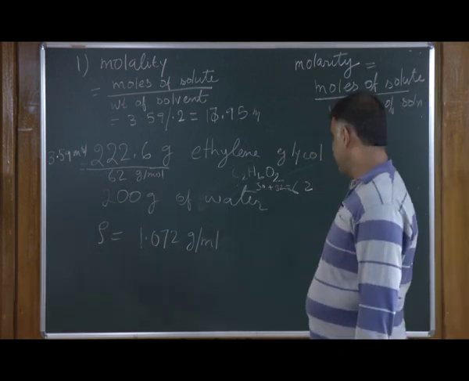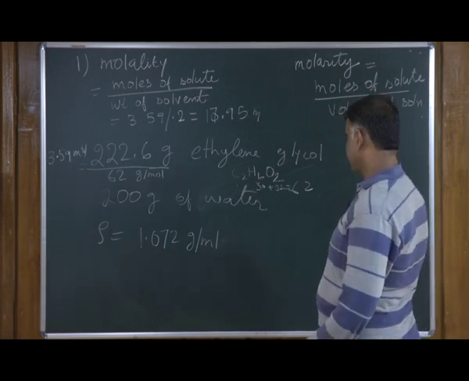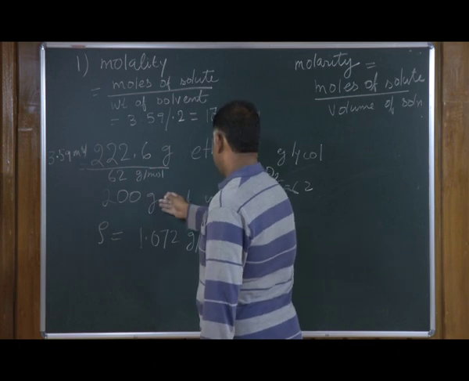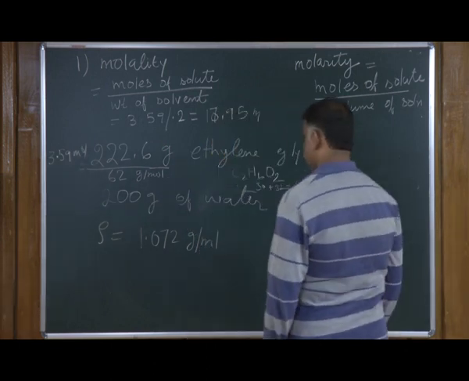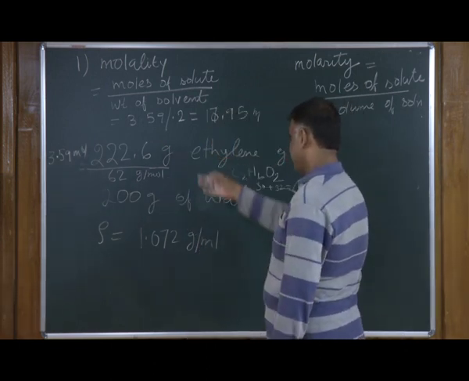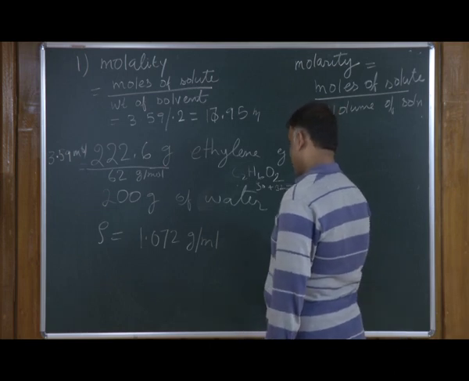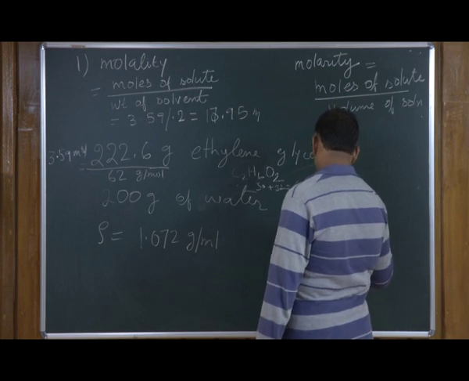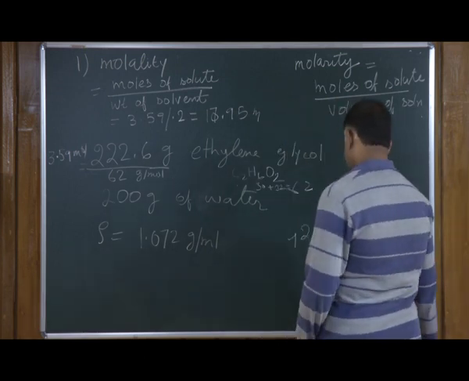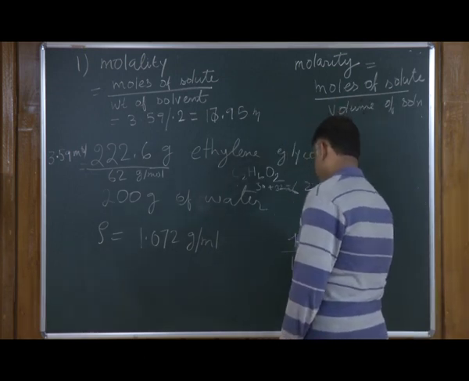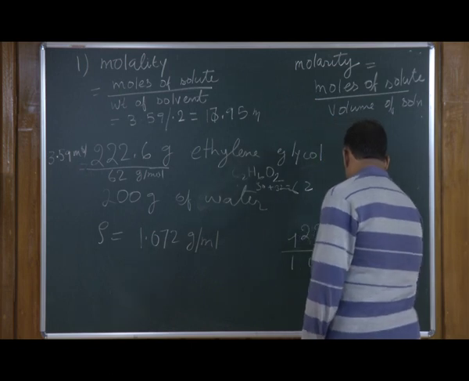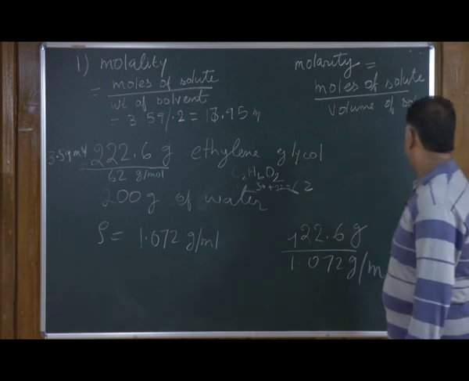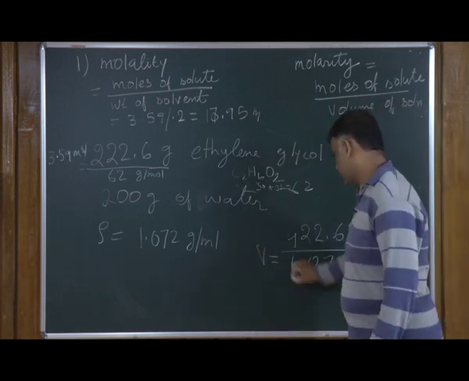We need to calculate what is the total weight. Since we are mixing this many gram of ethylene glycol with these many gram of water, the total weight is simply, just add this up, and that would be 422.6 gram, and divide that by density, 1.072 gram per milliliter, and that will give me the volume of the solution.